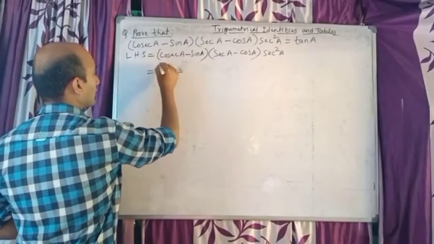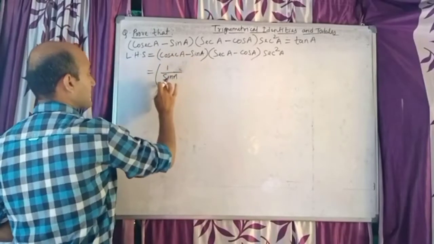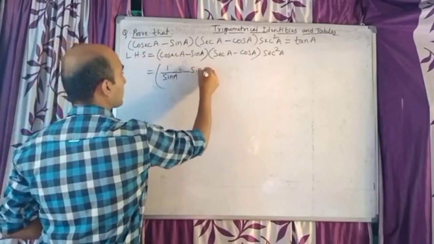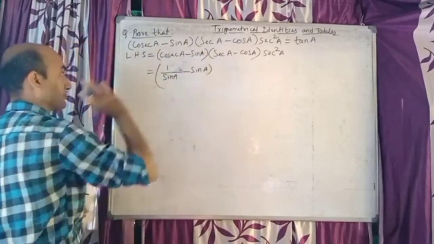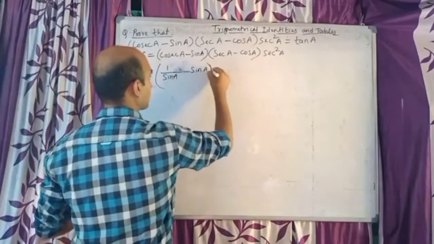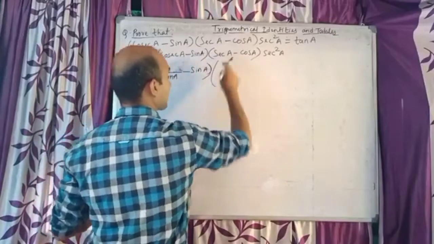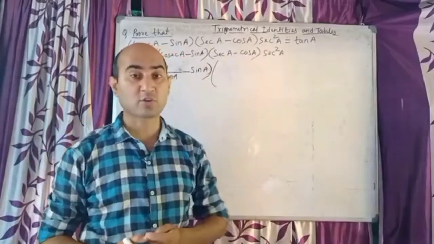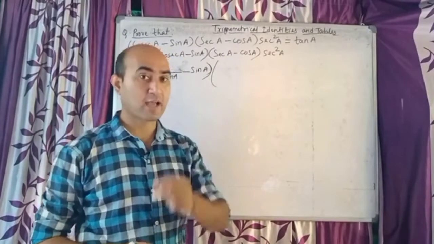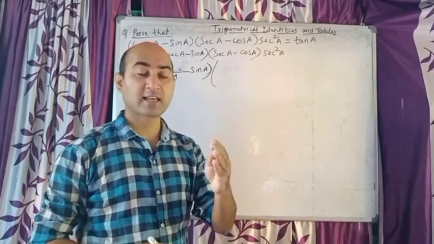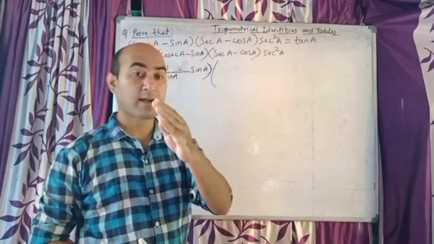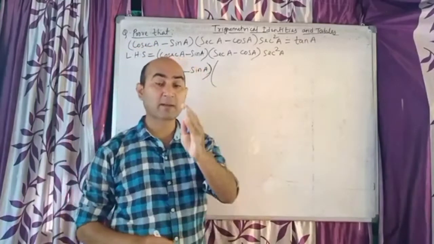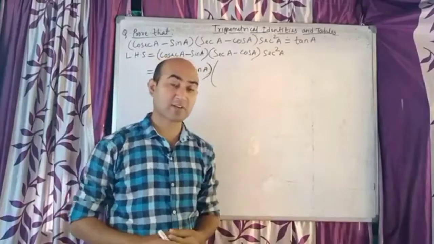So I wrote cosec A as 1 by sin A, and I have told you keep sin A same. Okay, next bracket same. Sec A, is there any conversion of sec A either in sine or cos? Yes, you have a formula, cos A equal to 1 by sec A and sec A equal to 1 by cos A. Children, one more clarification.